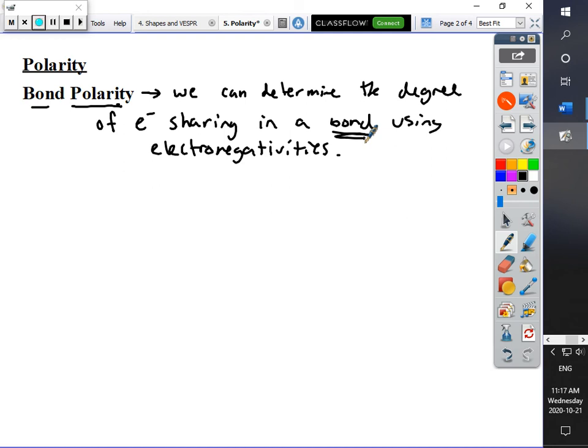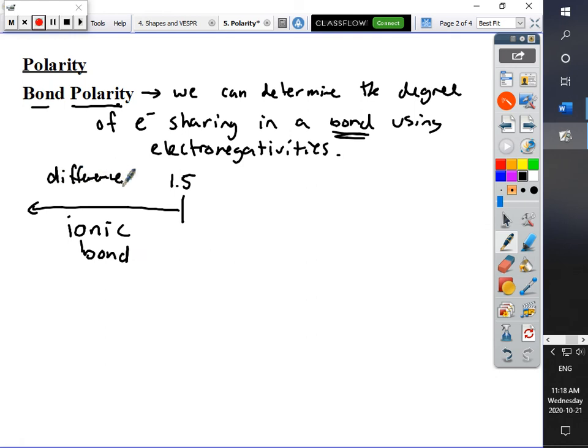And there is a continuum. If the difference is greater than 1.5, that's an ionic bond.